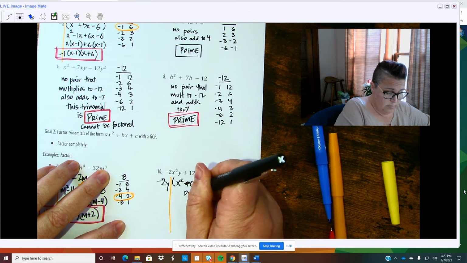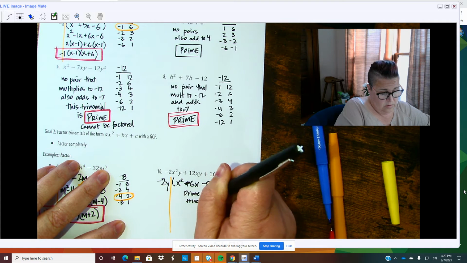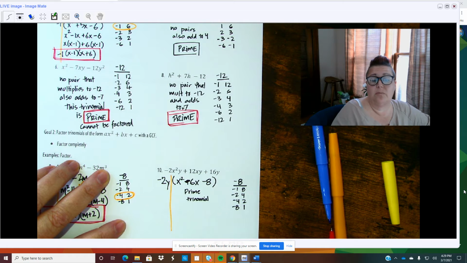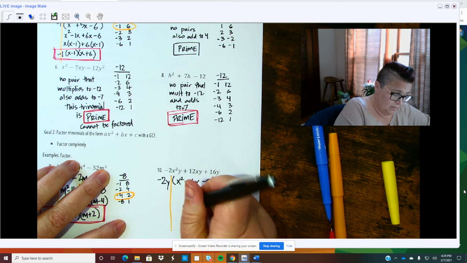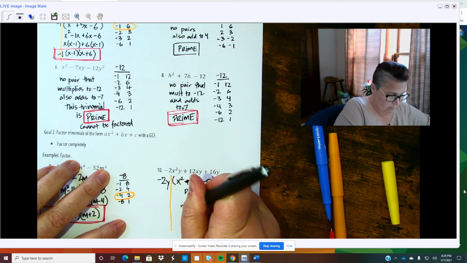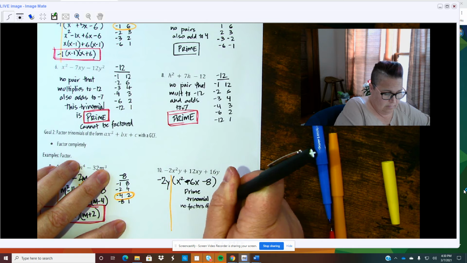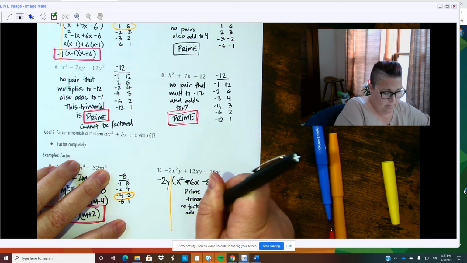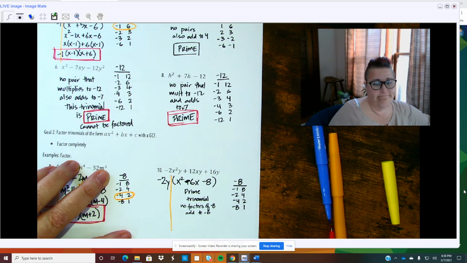So this is a prime trinomial again. And again, it's a prime trinomial because no factors of negative 8 add to negative 6. Right? And as such, I have a prime trinomial here. That doesn't mean this whole thing is prime.